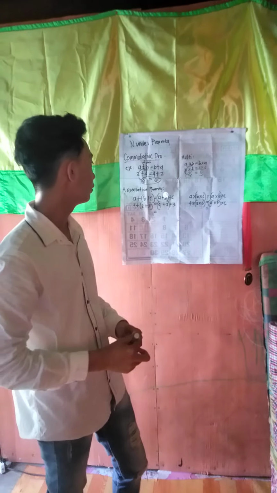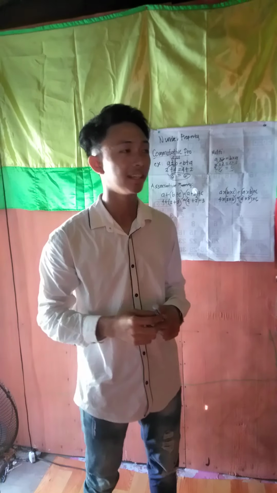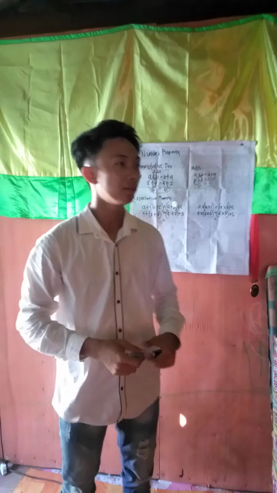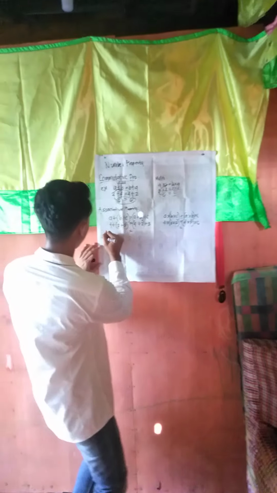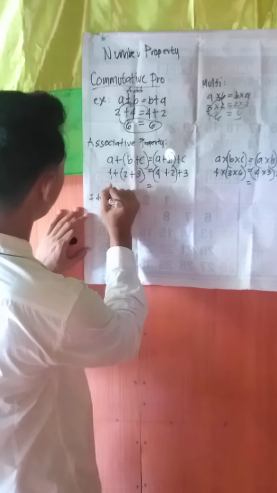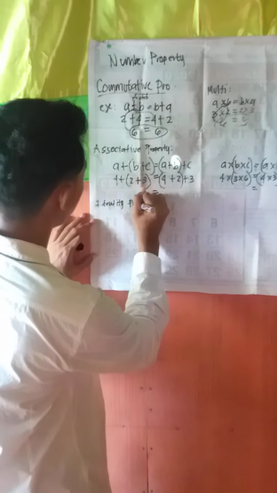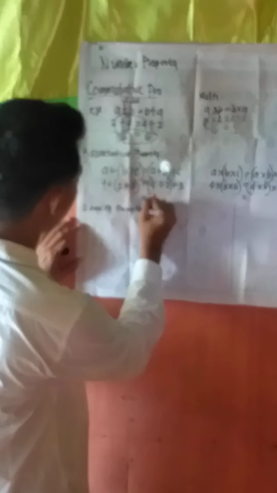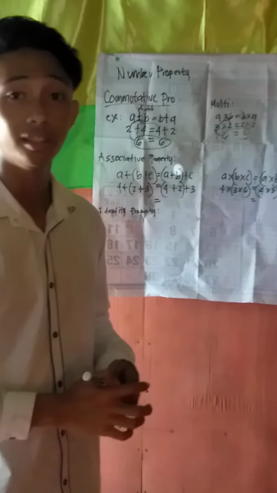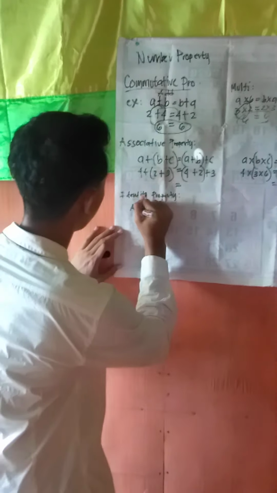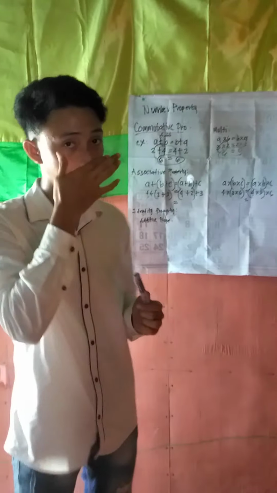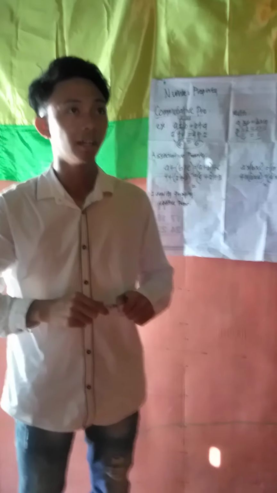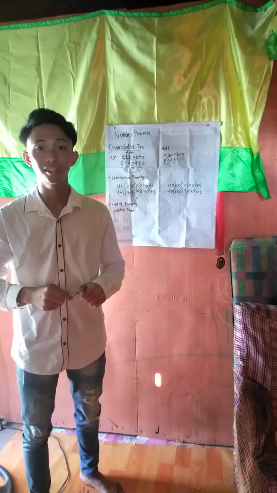And now I'm going to proceed to the third one, which is the identity property. The identity property has two types. The first type is the additive identity property. The additive identity is a number which, when added to any number, gives the sum as the number itself.